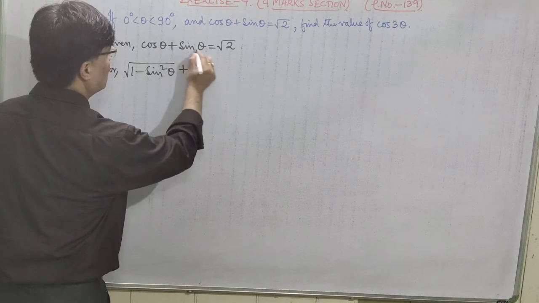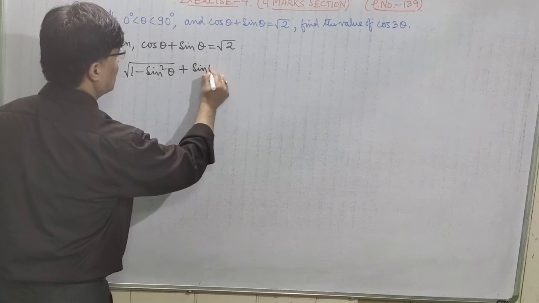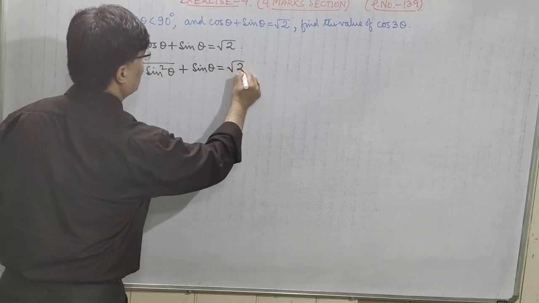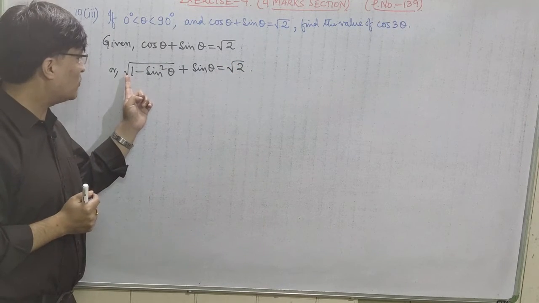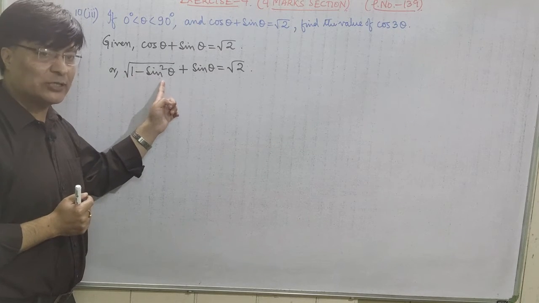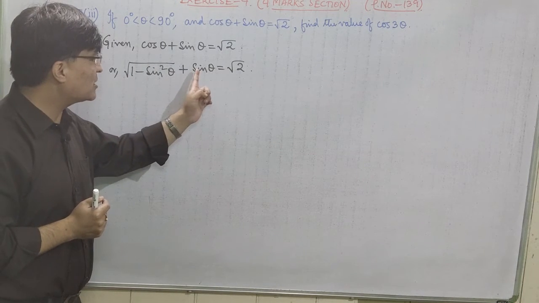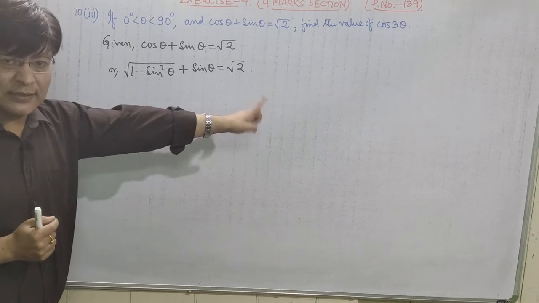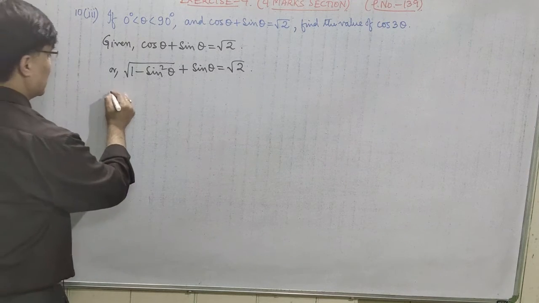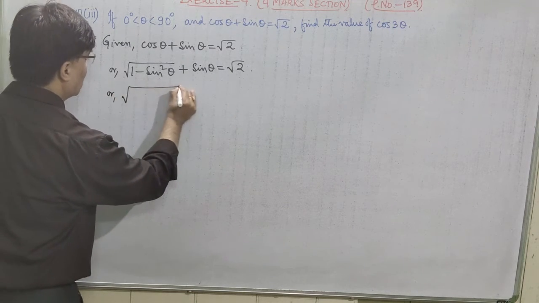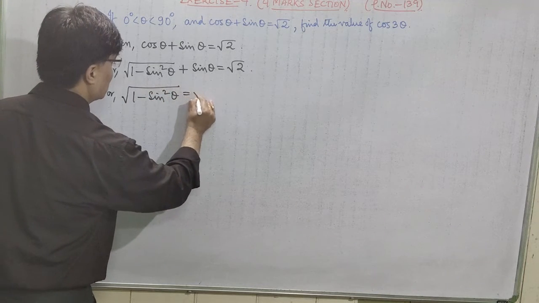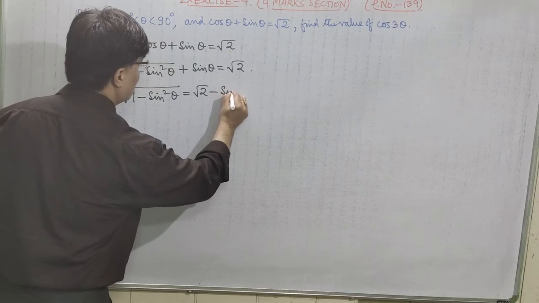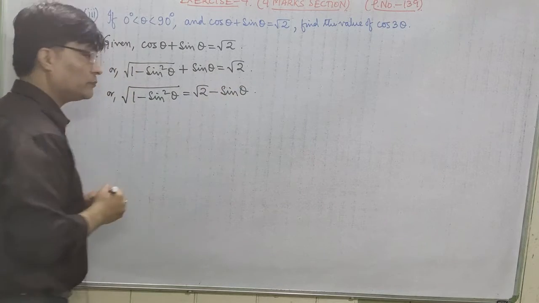So plus sin theta, let us keep it as it is, is equal to root over 2. Now you have to remove the square root from 1 minus sin square theta. So let us take sin theta to the right hand side. It becomes minus sin theta, isn't it? So root over 1 minus sin square theta is equal to root 2 minus sin theta.